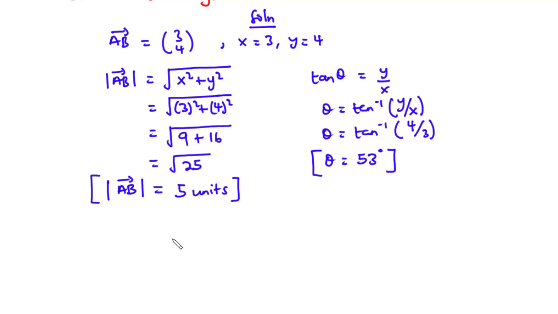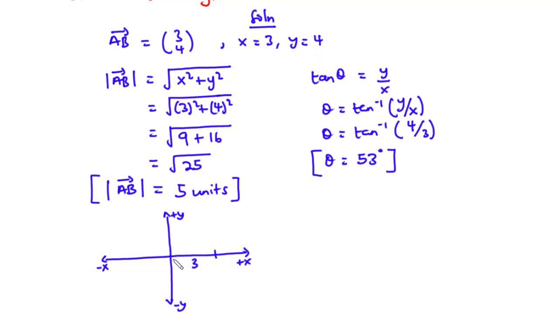Okay, so let's draw the Cartesian plane. We have positive y, positive x, negative y, and negative x. For the vector AB, the x component is 3, so positive 3 will be somewhere here, and the y component is 4.